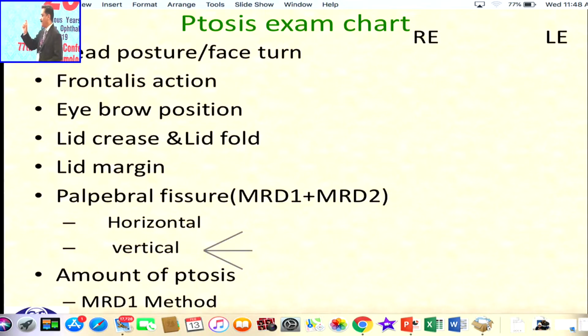You will have to compare both eyes' MRD1, and whatever is the difference will be the amount of ptosis. If bilateral ptosis is there, then you will have to take the measurement of a normal person. 4 to 4.5 millimeter is the normal MRD1, and then calculate accordingly. Similarly, the other method is the palpebral fissure method. Measure horizontal and vertical palpebral fissure in primary gaze in the right eye and left eye, and whatever the difference is, that will be the amount of ptosis.